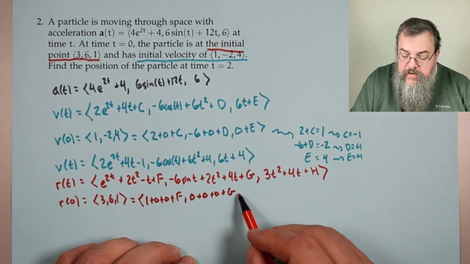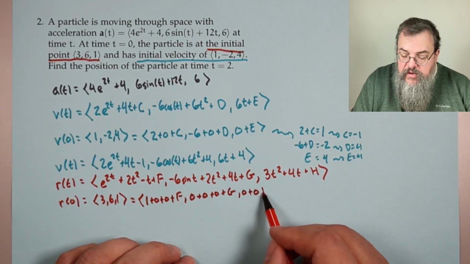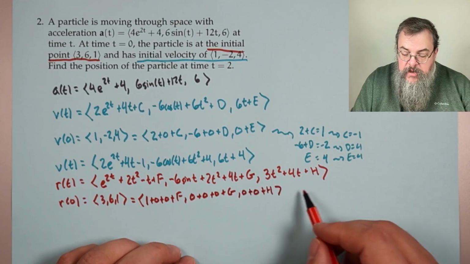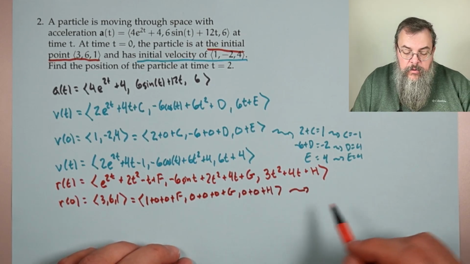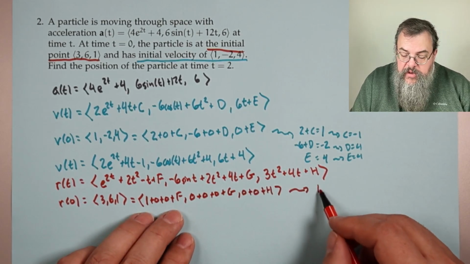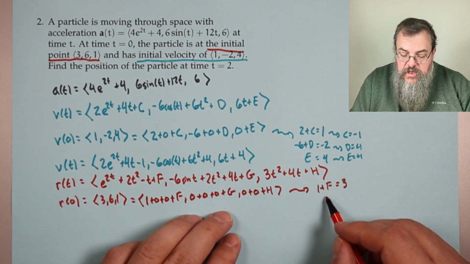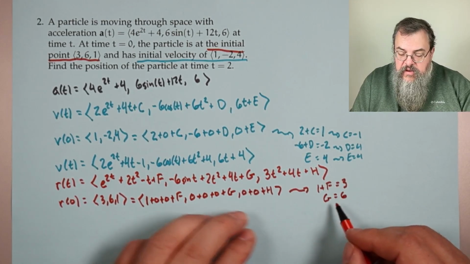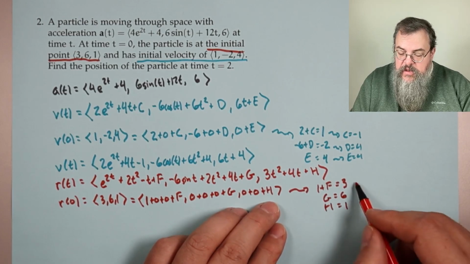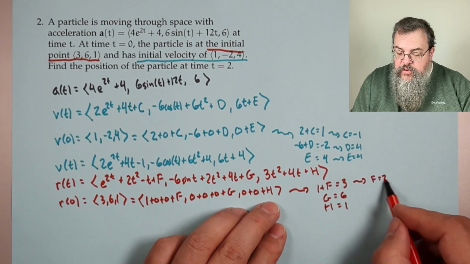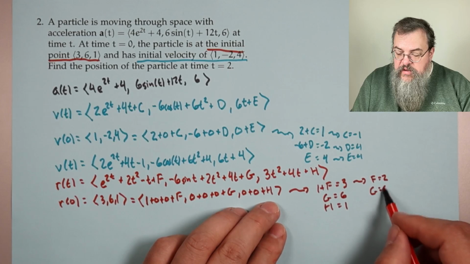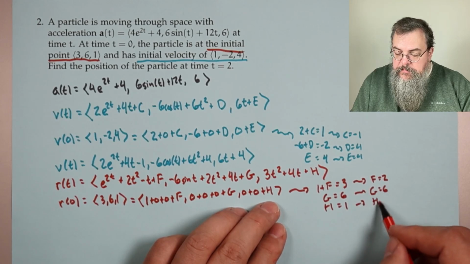And then we have 0 plus 0 plus h. Okay, so what does that lead us to? Well, that tells us that 1 plus f has to be 3, g has to be 6, h has to be 1. Okay, so f is 2, g is 6, and h is 1.